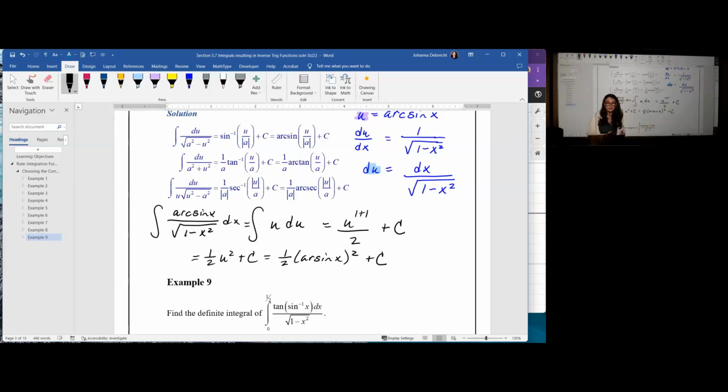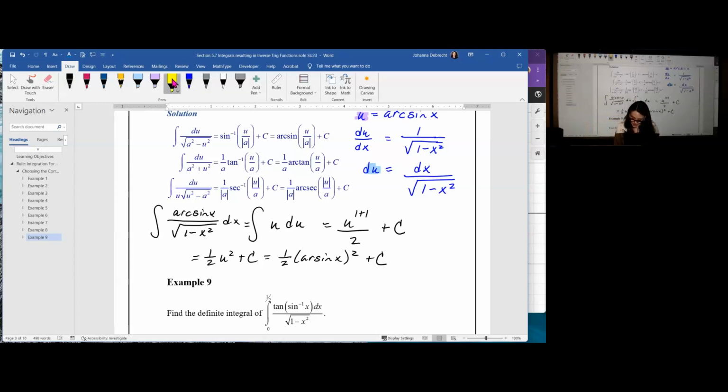You will occasionally see it written with the square between the arcsine and the x, but again, with functions that are already complicated, I prefer to use parentheses and the power outside because I think it's less ambiguous.